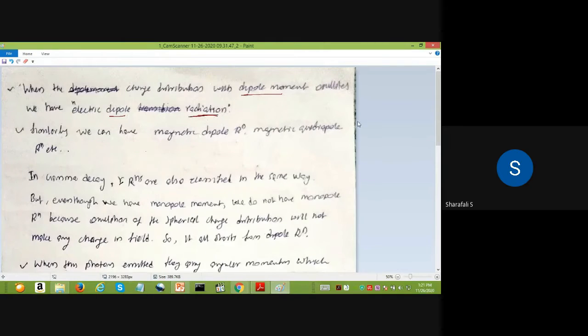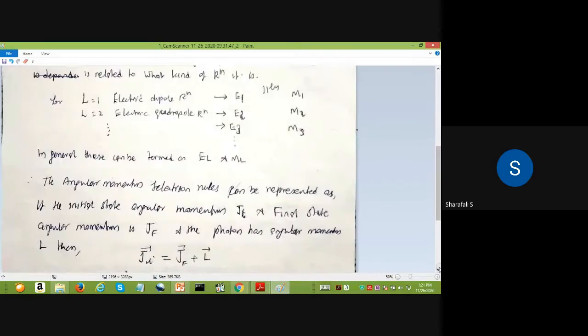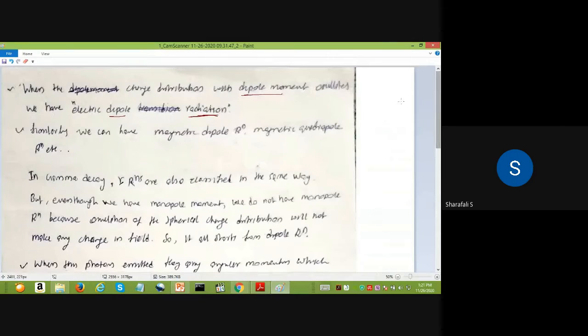I hope you understood this radiation part. It is basically coming from electrodynamics. You might have studied that if you have a charge and this charge moves, it will produce some radiation which comes out. Similarly, if you have oscillating charges, that will produce electromagnetic radiation.